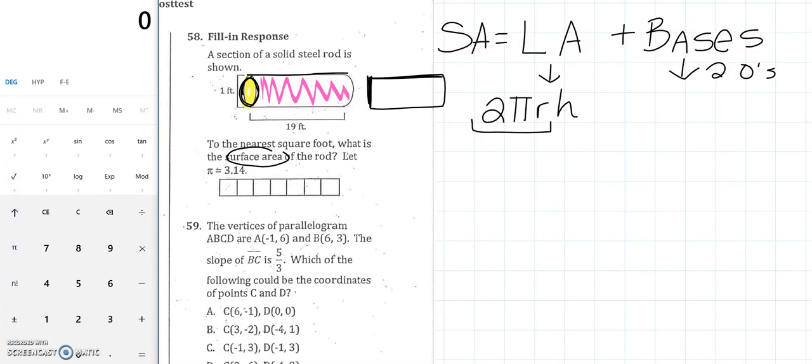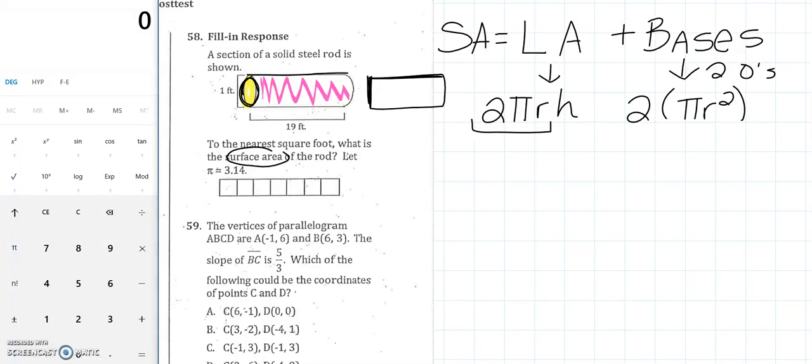The top and bottom have the same area. So I need to find the area of one of those circles, and then I just need to multiply it by 2. So I'm going to do 2 times the area of one circle, which is pi r squared. And that's going to give me my total surface area, the area of the curved portion and the area of my two circles added together.